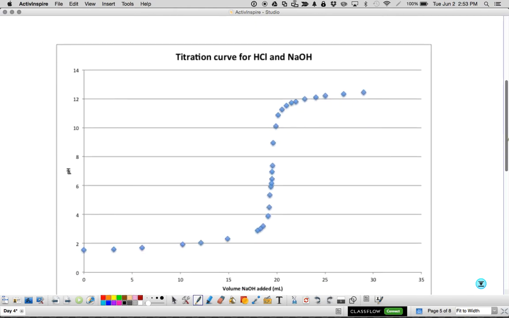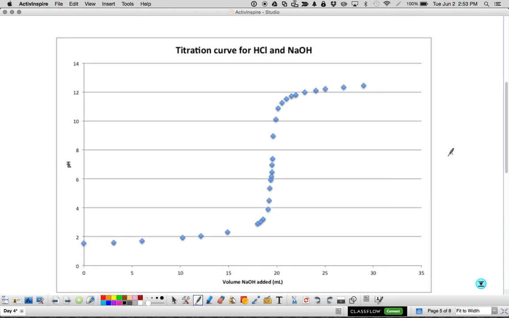So in fact, I did this titration curve, okay, using a pH meter, where I started out with acid, HCl solution, and I added base to it. And what you'll see is nothing happens, and then all of a sudden it changes really fast, and then nothing happens again. Okay? So the equivalence point is in here.